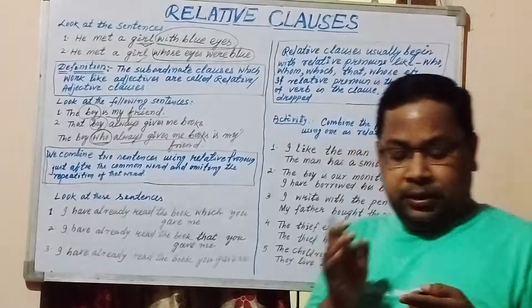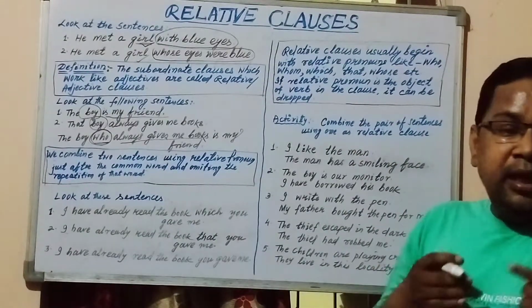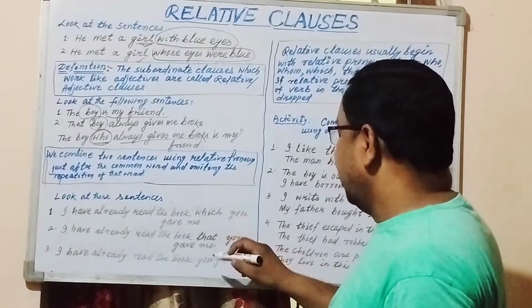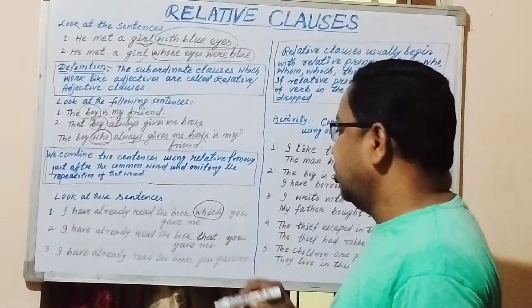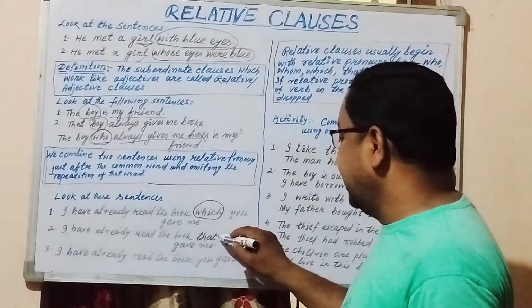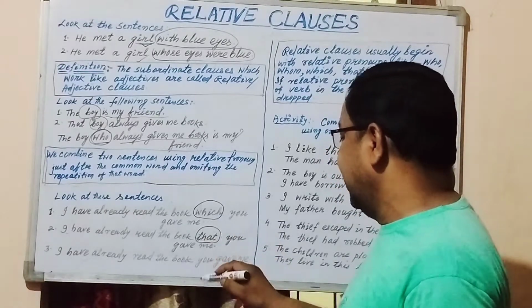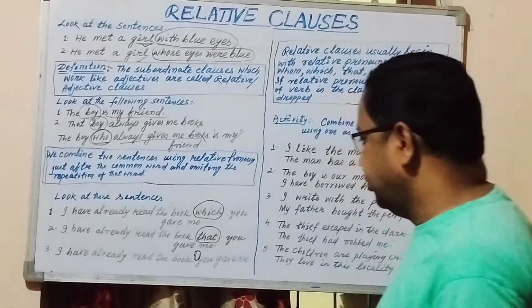In these three sentences the meaning is equal, but the difference is only the relative pronoun. In the first sentence it is which, in the second it is that, and in the third there is no relative pronoun.